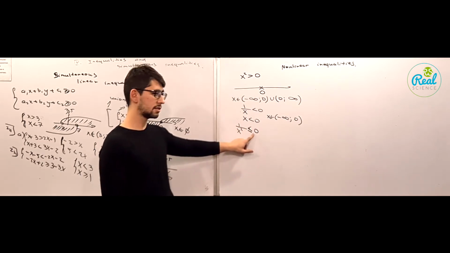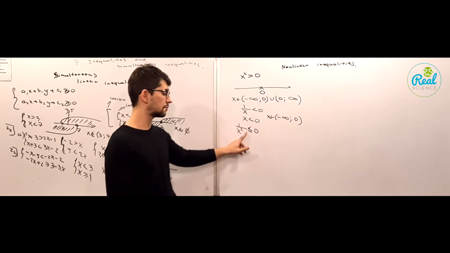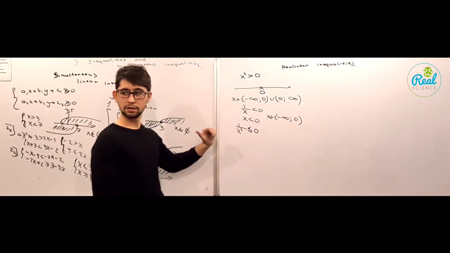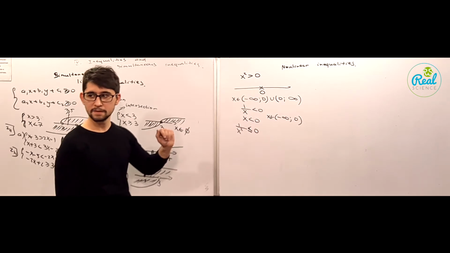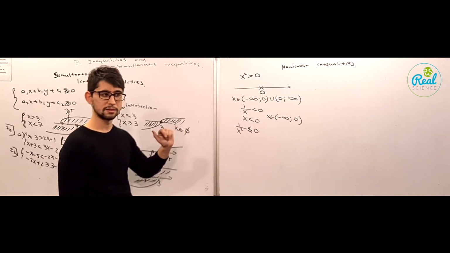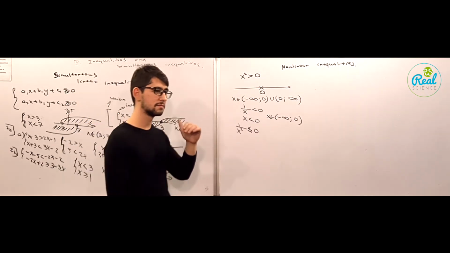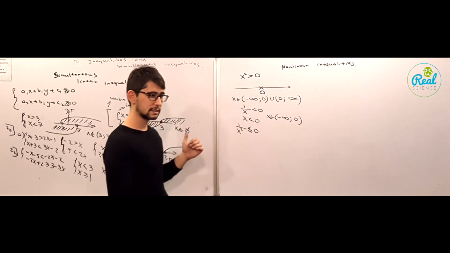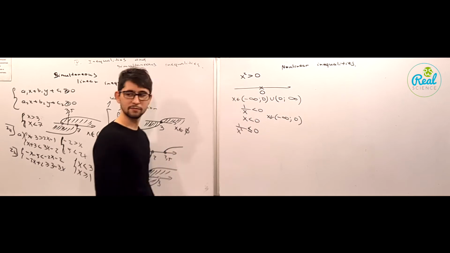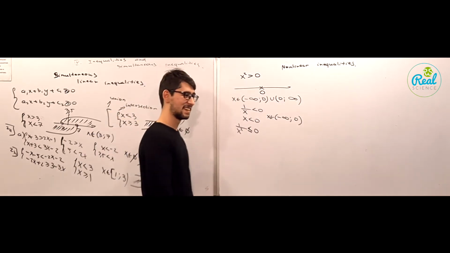But here you have an equality sign. Can you equalize this side to 0? How? To multiply by 0? Is that allowed?